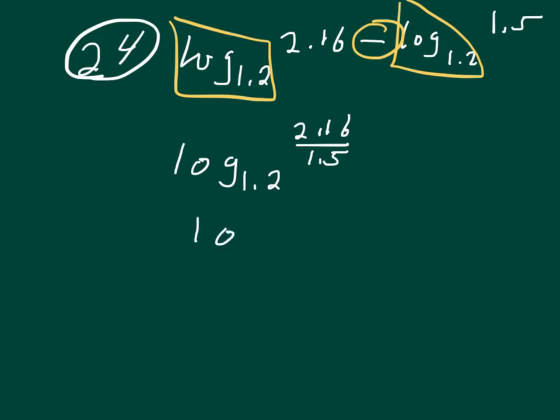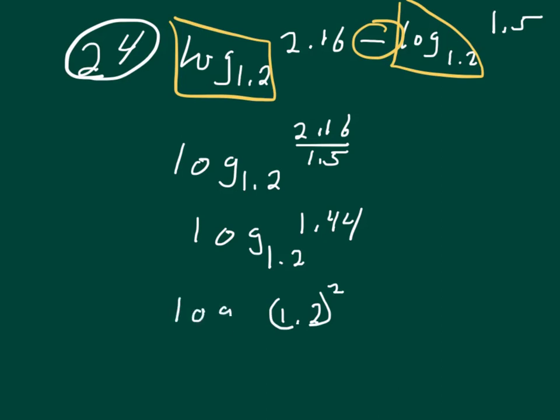So I have log base 1.2 of 1.44. All right, now we need to play with this here. Now this is kind of a tricky one. You kind of have to play with it on your calculator, but you realize that 1.2 squared is equal to 1.44.